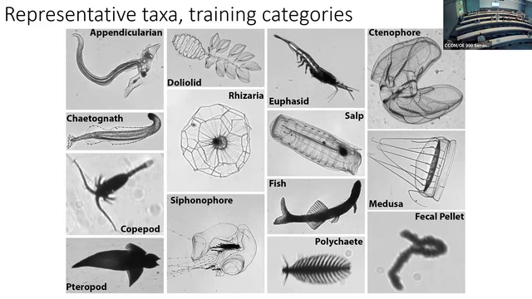Another thing to point out is just how drop dead gorgeous these images are. The shadowgraph technique really works well. We're capturing a shadow of these images. It's a collimated beam of light, and we're getting the receive on the other end. And so it works really well for the gelatinous taxa that are often too fragile to be effectively sampled by nets. So that's something to point out.